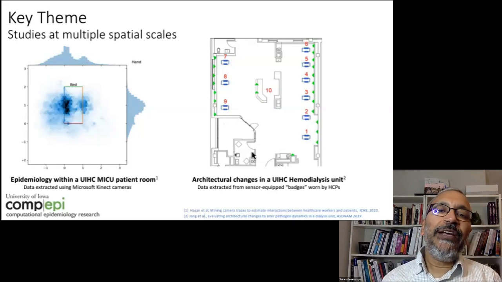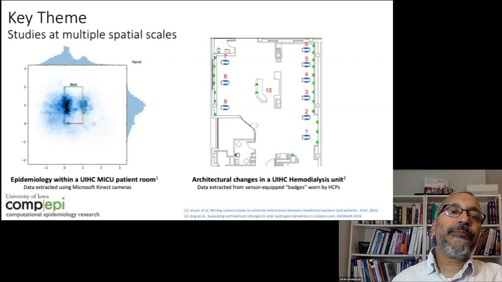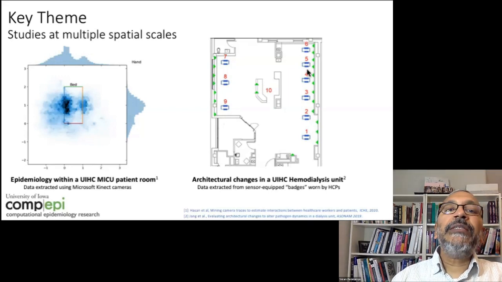In the study on the right, we are moving up one scale in spatial resolution. So here we are thinking about a hemodialysis unit in the University of Iowa hospitals and clinics. And the items that are marked, shown in blue, correspond to the 9 dialysis chairs. And at the center of the room is a nurse's station where healthcare professionals congregate in between care provided to the patients.